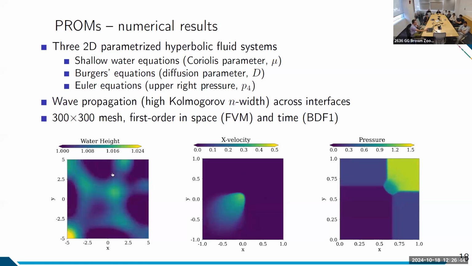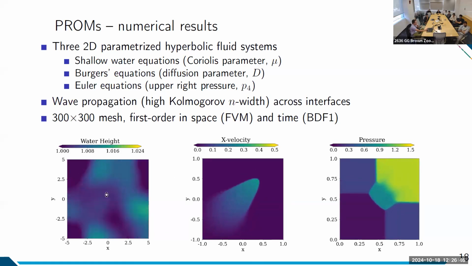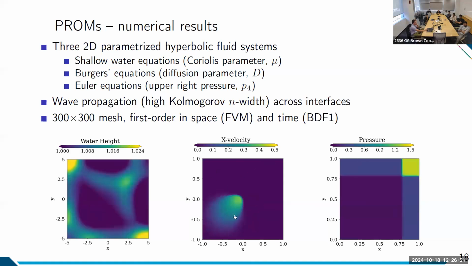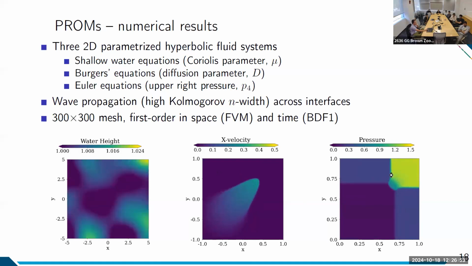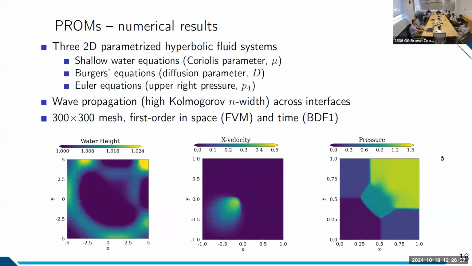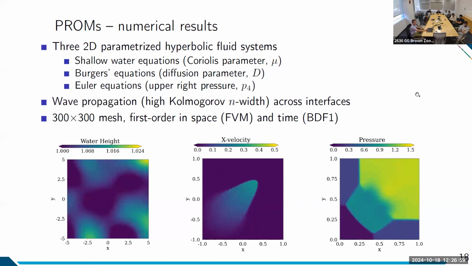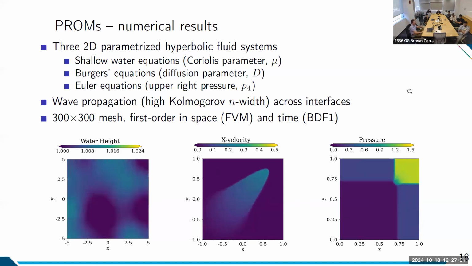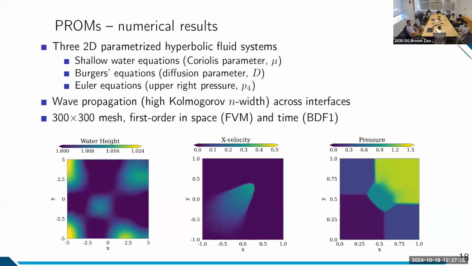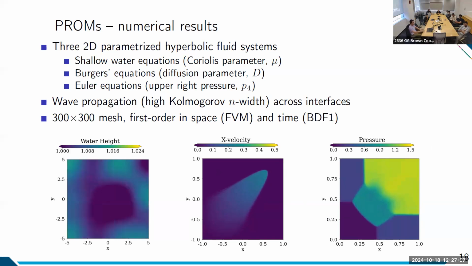And so you can see what this shallow water equation is looking like, starting from a Gaussian pulse. Same thing for the Burgers equation in the center, starting from a Gaussian pulse. And then this Riemann problem where you have 4 shocks propagating through this domain for the Euler equations. And everything here is solved on a 300 by 300 mesh, first order in space and time with a finite volume method.